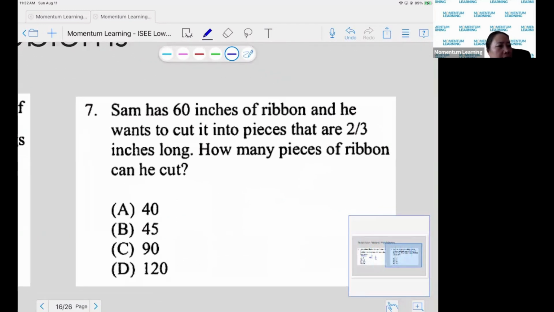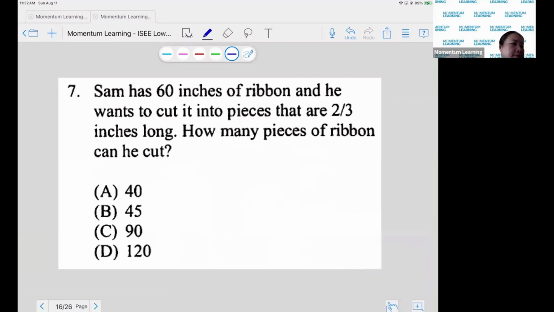Let's look at the one on the right side. Okay, let's see. We have 4 answers.